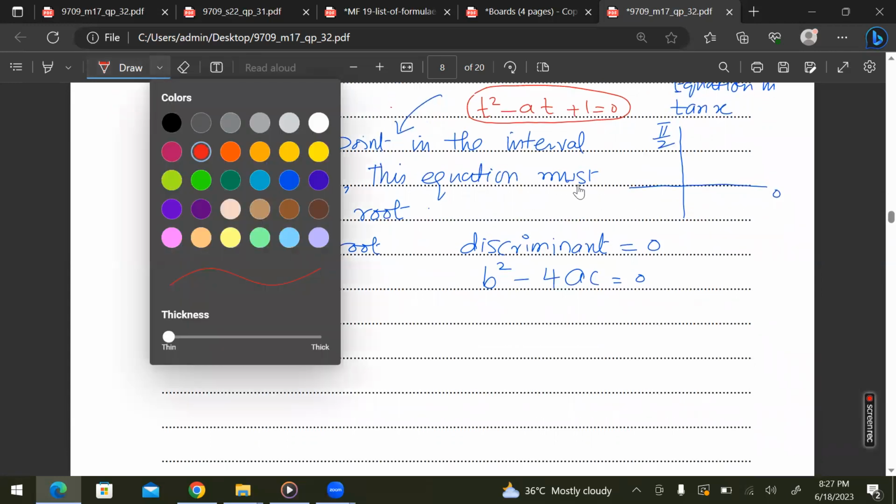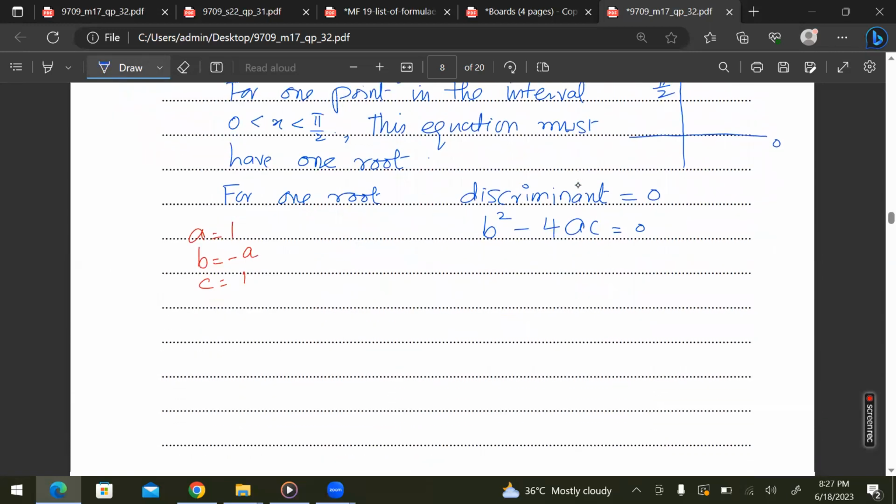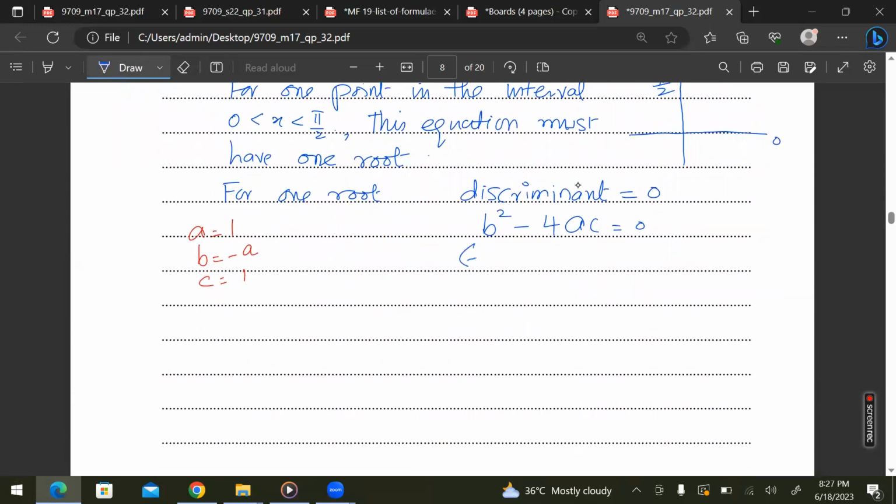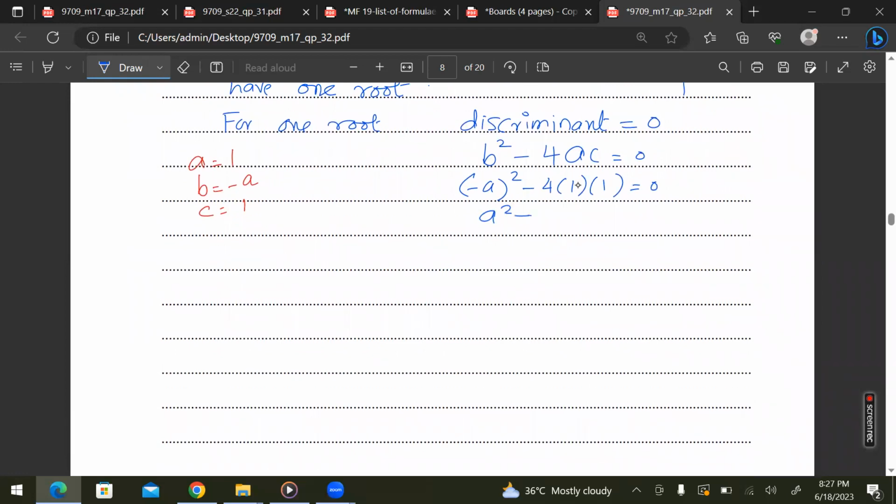So you can write b square minus 4ac equals 0: a square minus 4 equals 0. a square equals 4, meaning a equals plus or minus 2. As given in the statement that a is a positive constant, therefore a equals 2 is the answer.